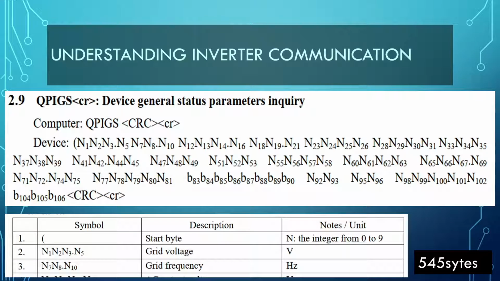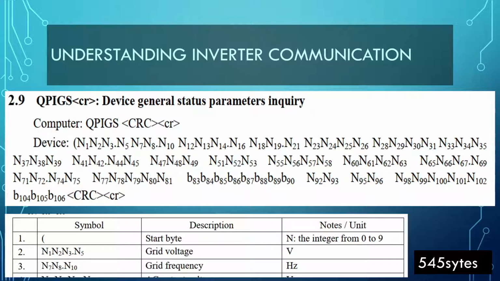Let's have a look at the commands. This is from the user manual, or the communication manual. I will share those manuals with you. Look at this, this is QPIGS. What I believe is that Q stands for query, PI means protocol ID, and GS is general status. So QPIGS. If you can see on the computer, it says QPIGS, and then there is a CRC.